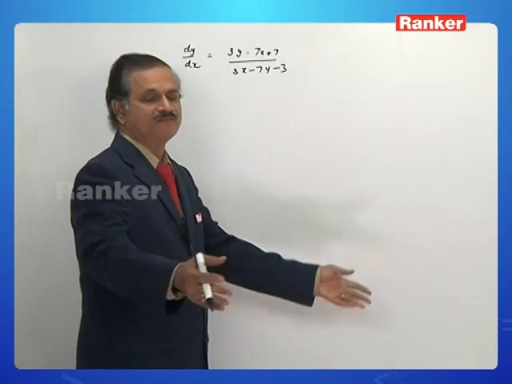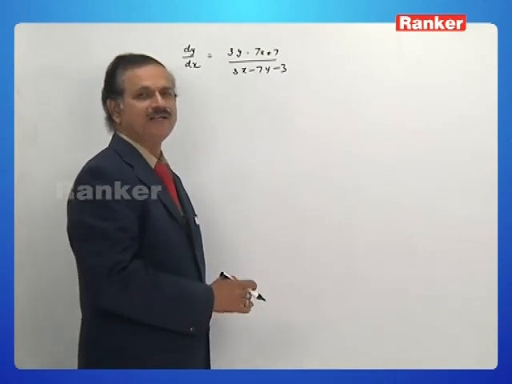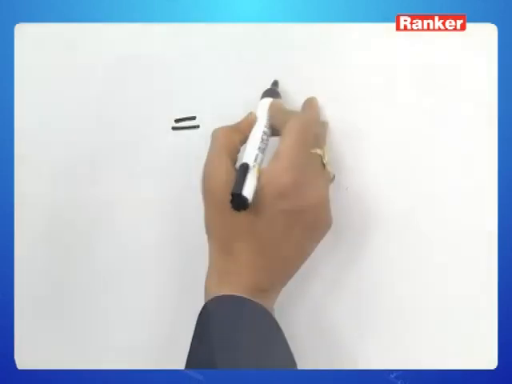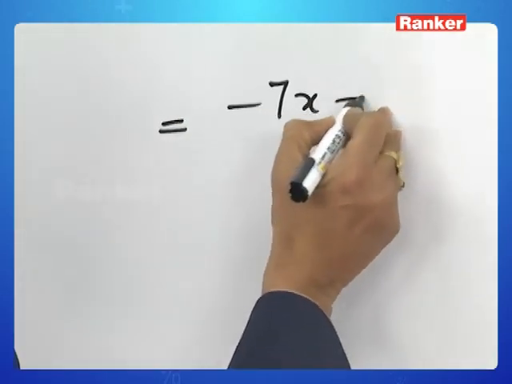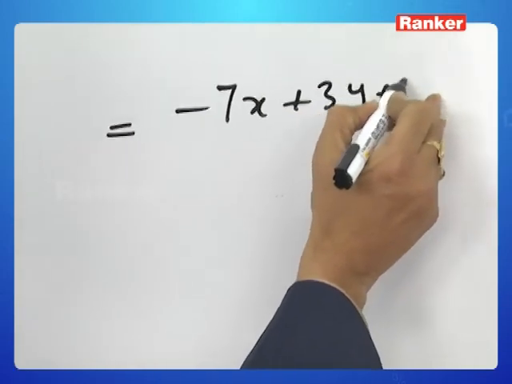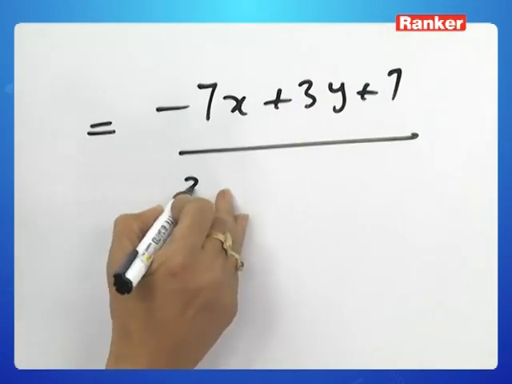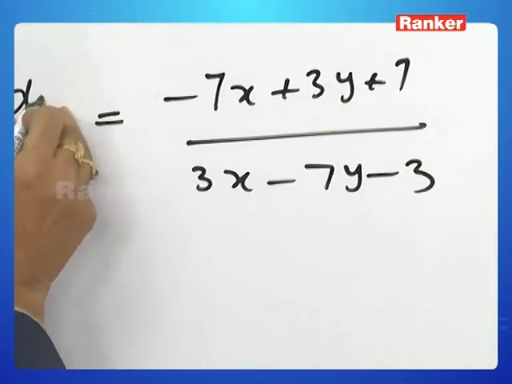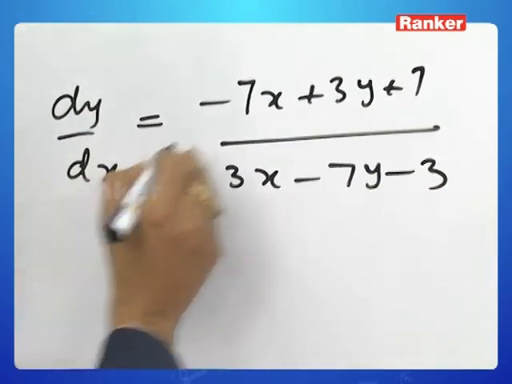So the first model is not applicable here. Well, let us try to get it simplified. This is equal to minus 7x plus 3y plus 7 by 3x minus 7y minus 3. This is dy by dx.